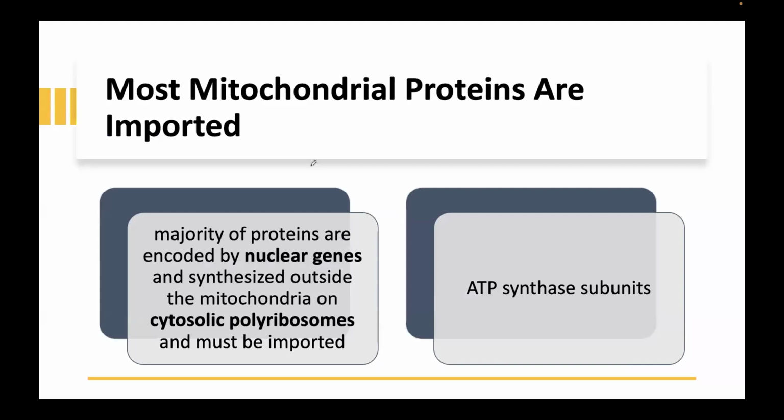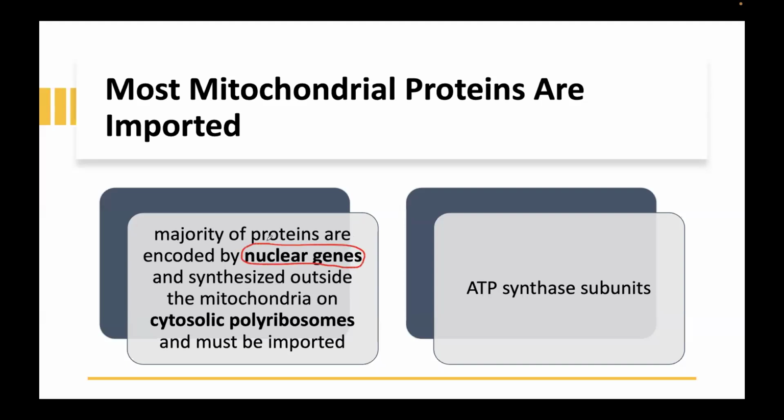Now, mitochondrial proteins are usually imported. That means they are not synthesized in the mitochondria. If you recall earlier, we mentioned post-translational modification involves transport of proteins from the cytosol going to the mitochondria. Now, most of the proteins found in the mitochondria are actually encoded by what we call nuclear genes.